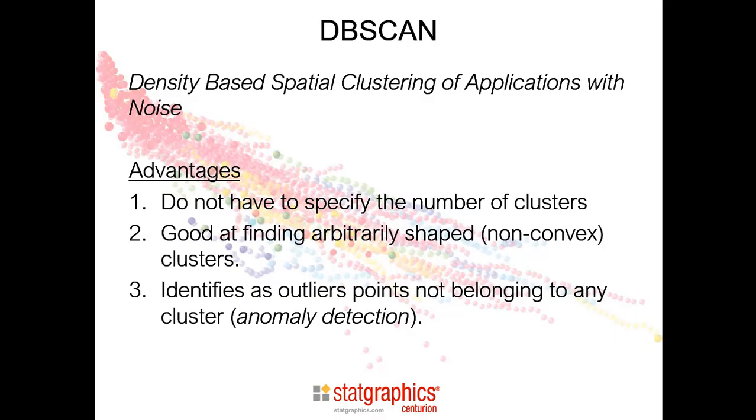With k-means, you need to select k, but with DBSCAN, it determines the number of clusters automatically. DBSCAN is also good at finding arbitrarily shaped clusters. The clusters don't necessarily have to be convex. And thirdly, DBSCAN identifies as outliers points not belonging to any cluster. It's therefore often used for anomaly detection.